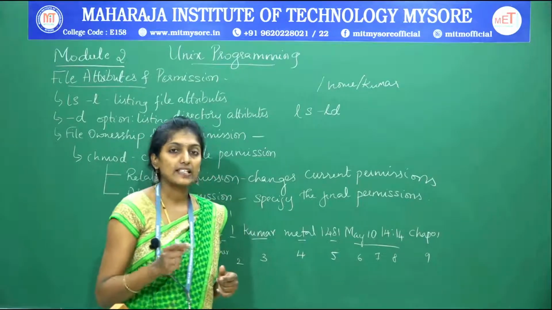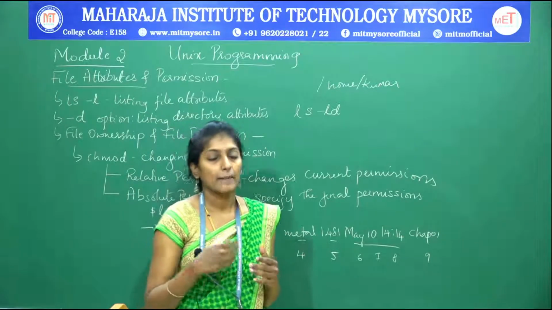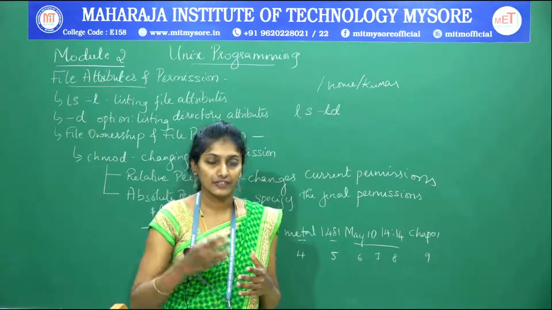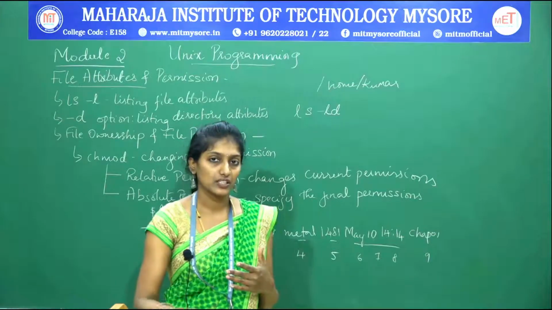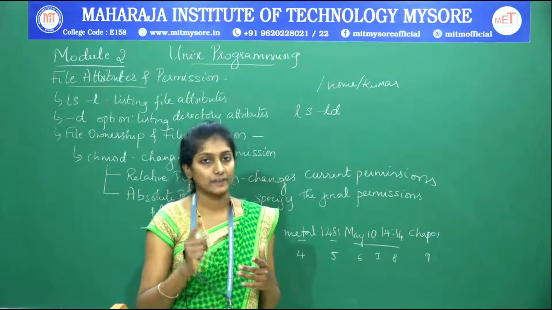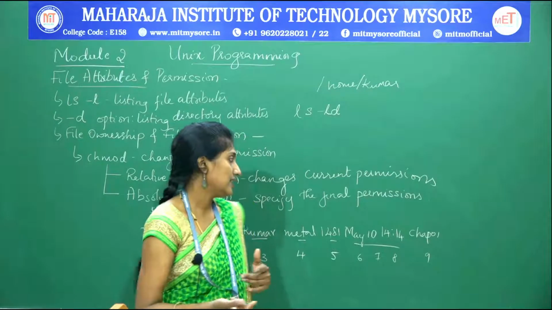If the user has created any file within the Unix file system, by default he will become the user or owner of that particular file. So owner or user, in these basic file attributes, always refers to the owner of that file itself. User and owner are the same.